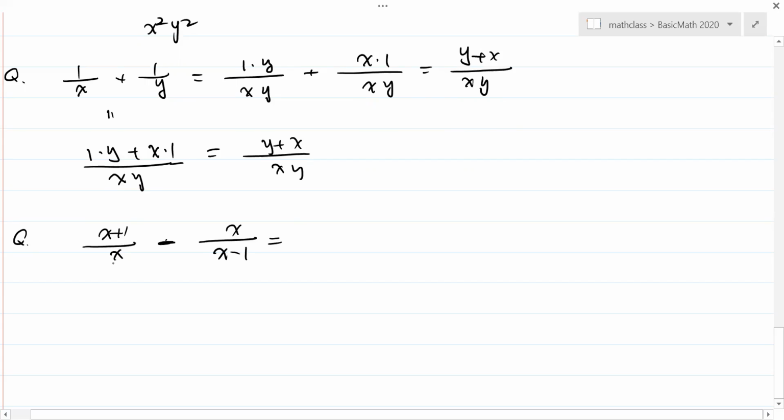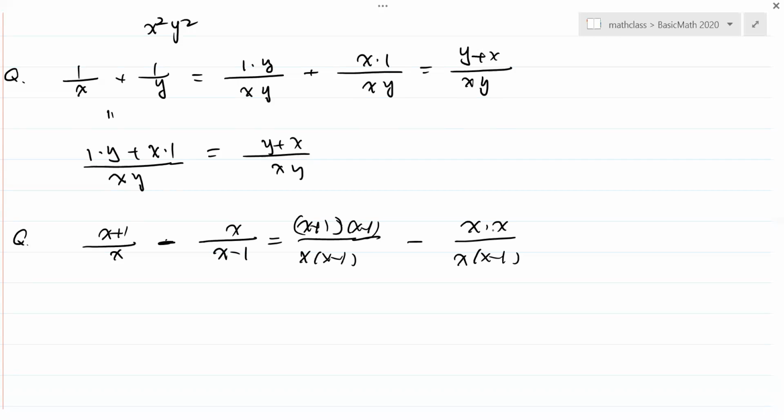With the left-hand side, the first term, you have to multiply by x minus 1. Okay? So x minus 1, and here x plus 1 and x minus 1. With the right-hand side, you have to multiply by x. But you have to do this to both the numerator and denominator, otherwise they're not going to be equal.